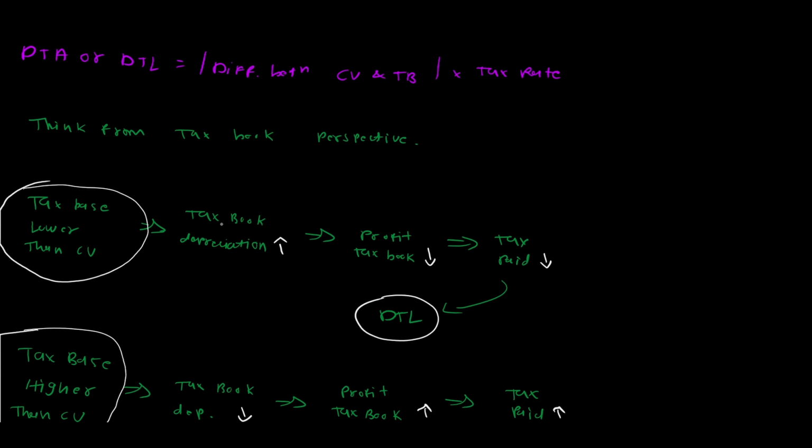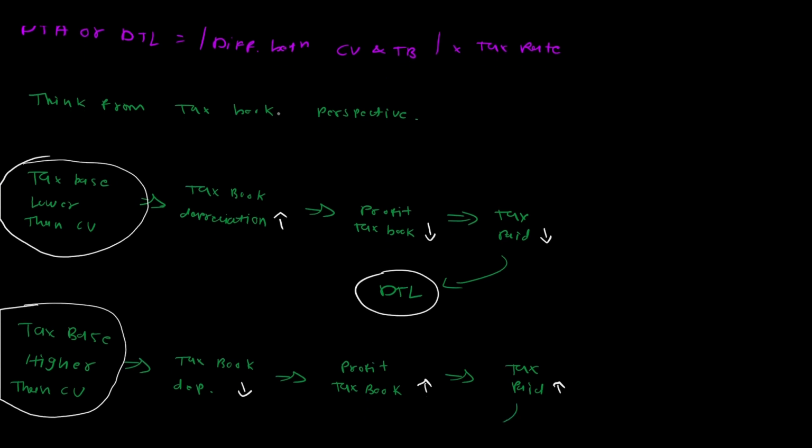If the depreciation is higher, my profit for the textbook will be lower, and my tax expense, tax paid, will also be lower. So this will be my liability. That will give me the deferred tax liability if my TB is lower than the CV.